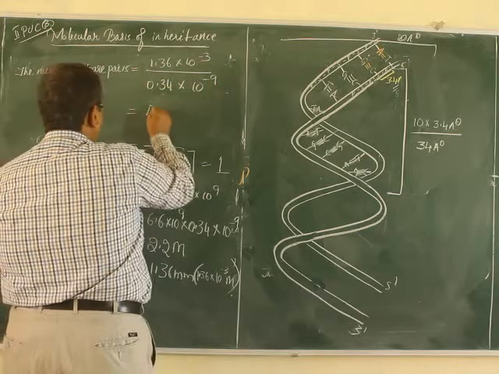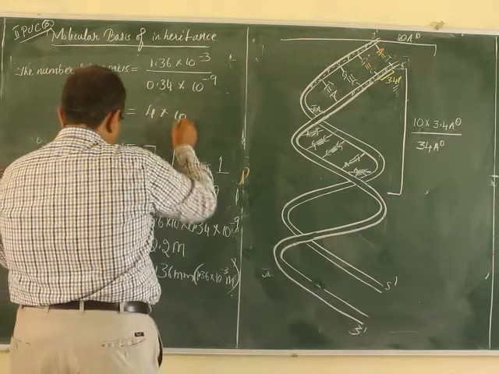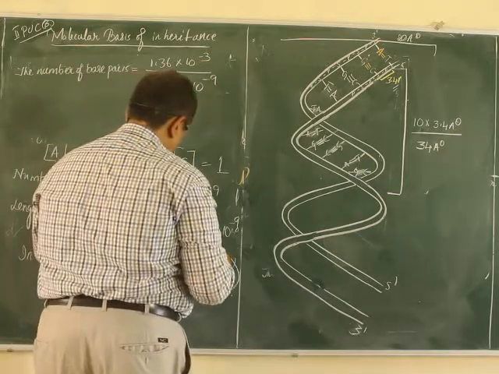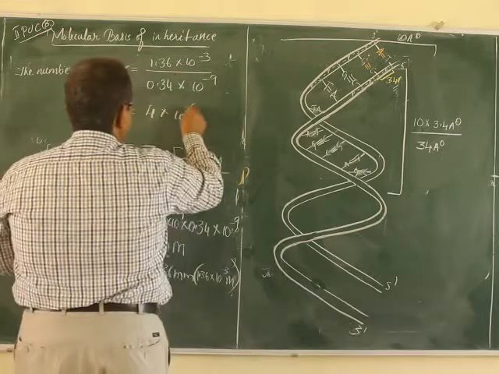That's equal to 4 into 10 to the power 6 base pairs.